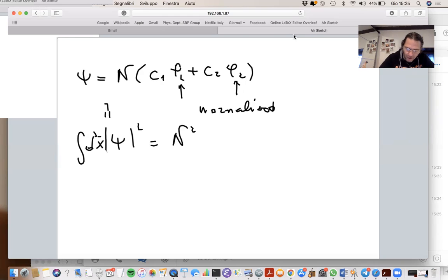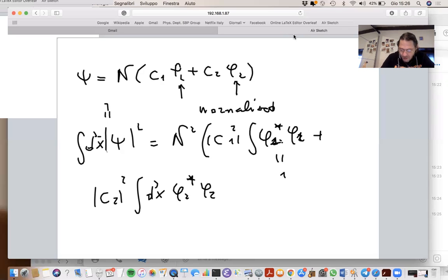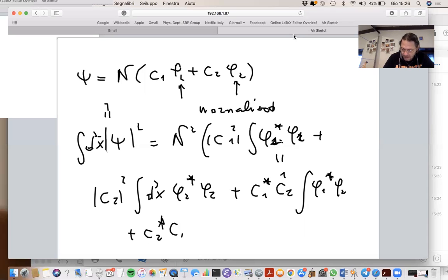then I will get N squared, and I will get, for instance, the C1 modulus squared times the integral of phi 1 star phi 1, that's going to be 1, plus the C2 modulus squared times the integral of phi 2 star phi 2, plus the cross product, C1 star C2 times the overlap, and C2 star C1 times phi 2 star phi 1.